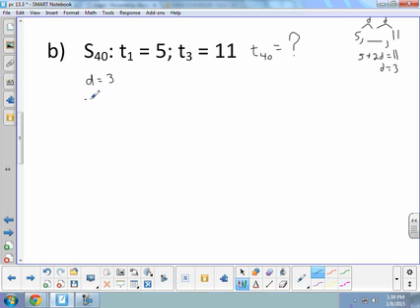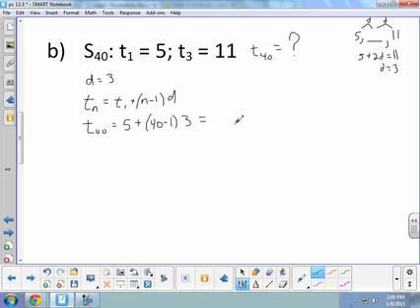So I'm going to go back to my formula that I got in the first section. T sub n equals t sub 1 plus n minus 1 times d. Let's plug in what we know. We're looking for t sub 40. We know t sub 1 is 5, n is 40, and d is 3.